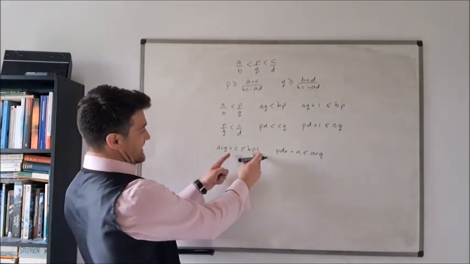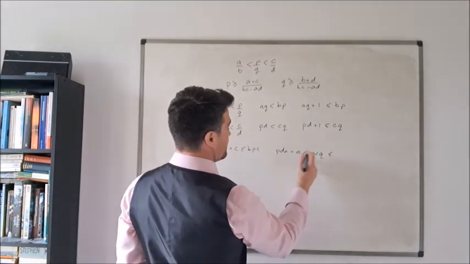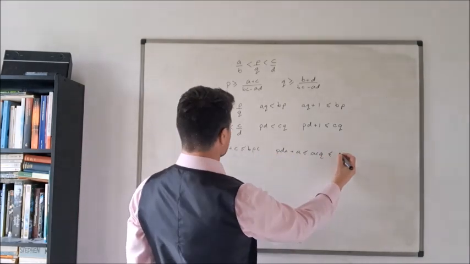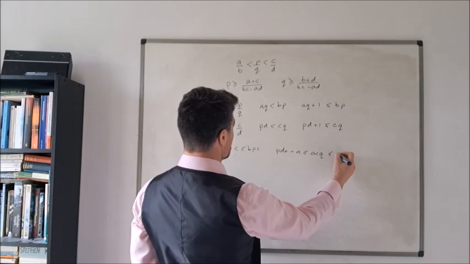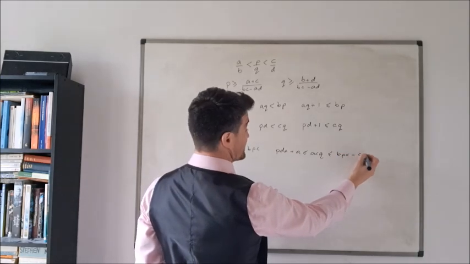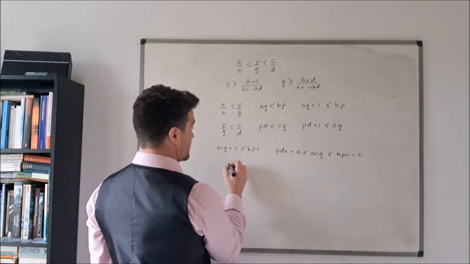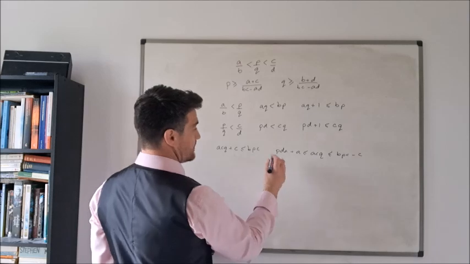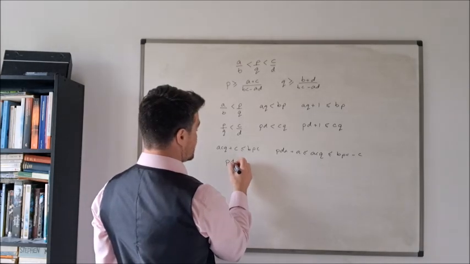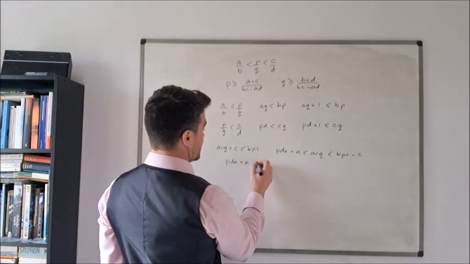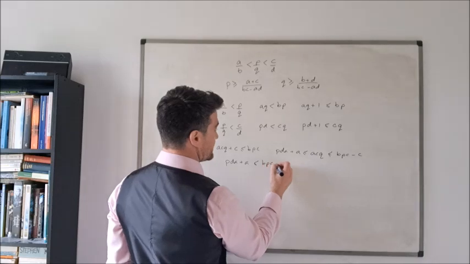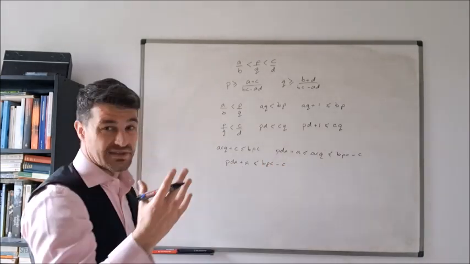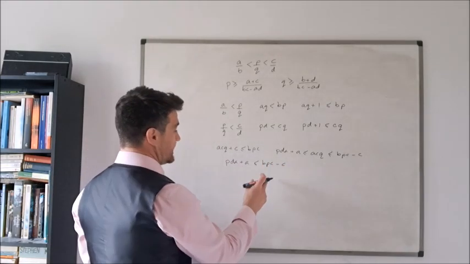So if I subtract C from each side of this, I get that PDA plus A is going to be less than or equal to BPC minus C. So therefore, P times D times A plus A is going to be less than or equal to B times P times C minus C. I think this is going in the right direction here.